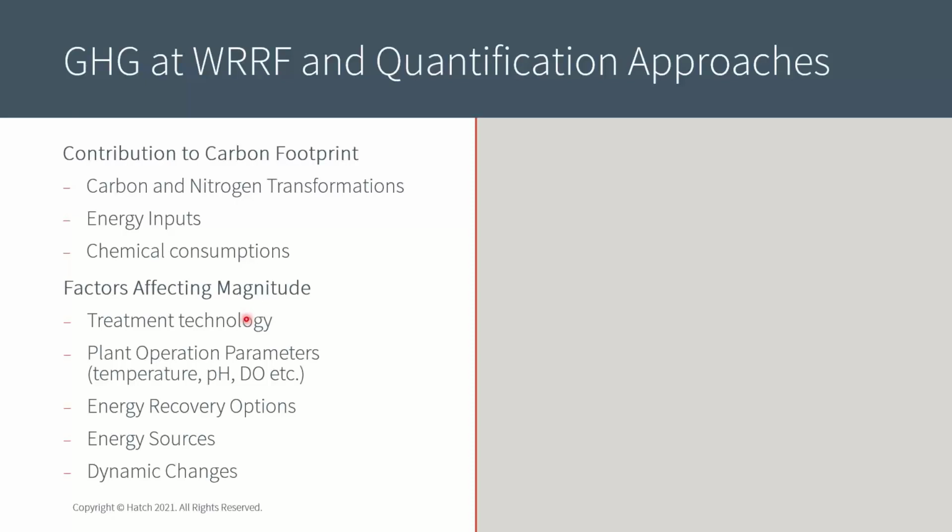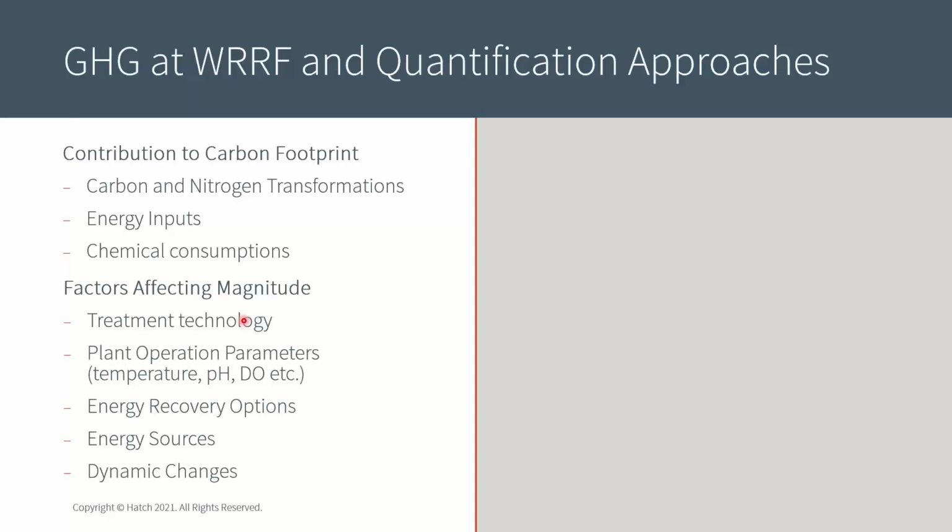Also, there are situations where the plant operating parameters like temperature, pH, the dissolved oxygen concentrations, etc., could also make a significant impact on the emissions that can take place at the wastewater treatment plants.